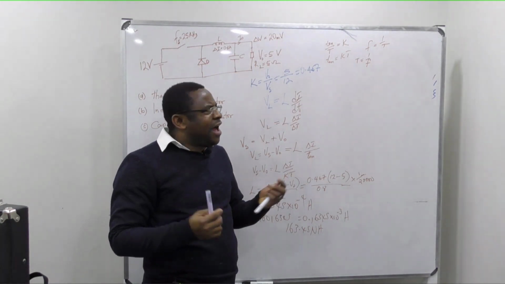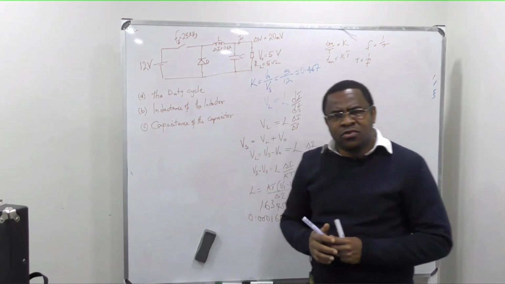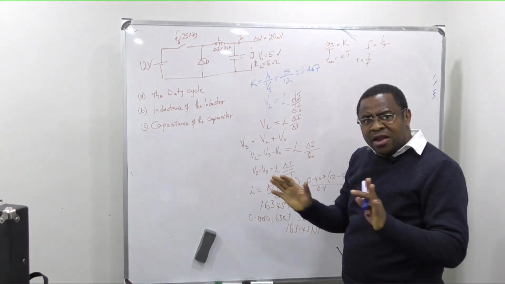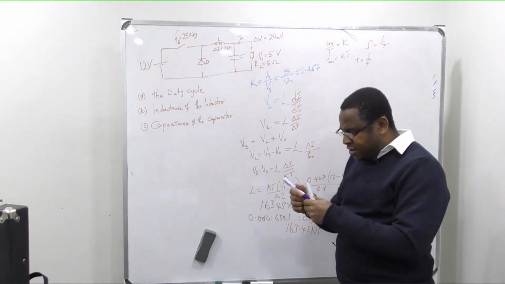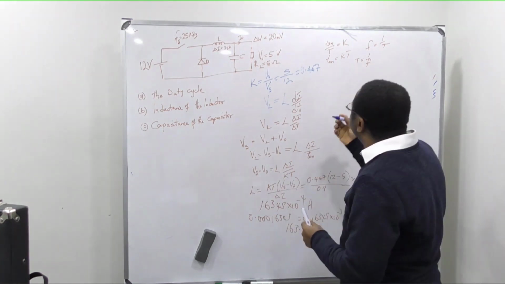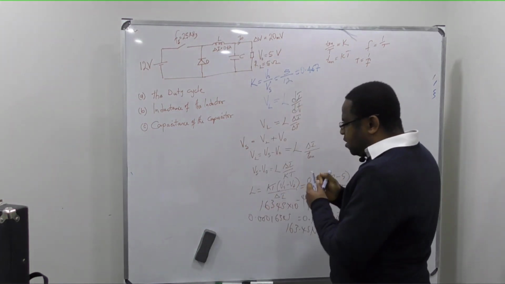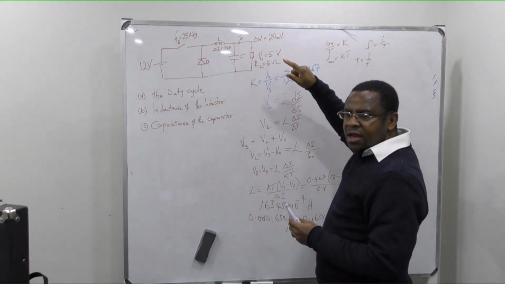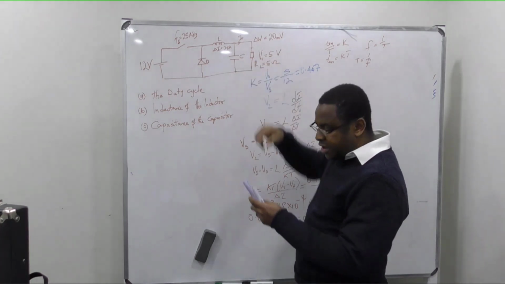Now the next thing again, how do we calculate capacitance? Which equation are we going to use? And in the last video we didn't do anything like that. So the only thing that you need to know is that the current flowing through this capacitor builds up and discharges to the load, right?